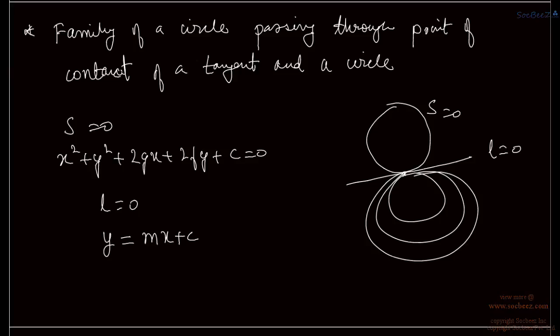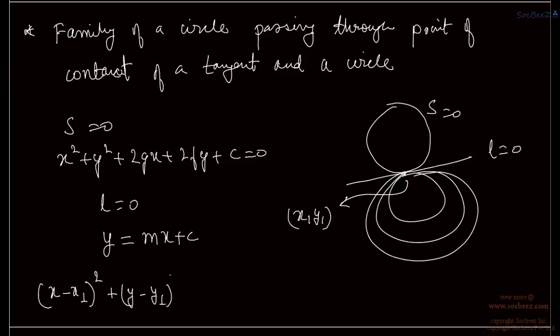So we have the family of circle. Family of this circle means passing through the point of contact of the circle S equal to 0 and line L equal to 0. So we can write the equation as x minus x1. Let us name this point of contact as (x1, y1).